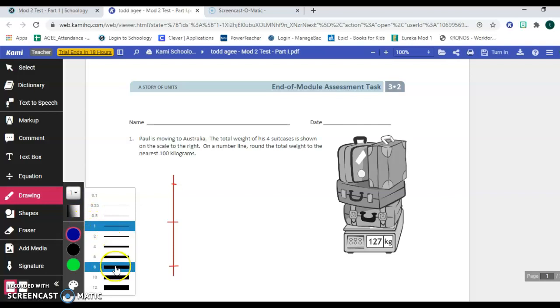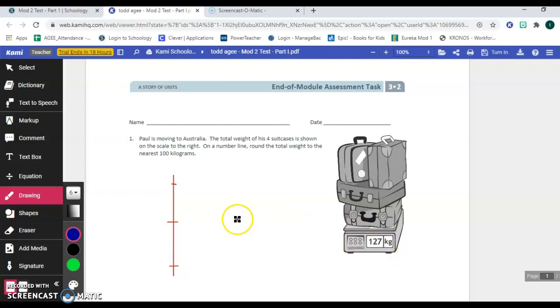I would probably use like a 6 or an 8 here to click a dot on the line where this number is, and label all of them. So your number line here should have 4 numbers written on it: the low 100, the midpoint, the high 100, and the dot on the line where your number goes.